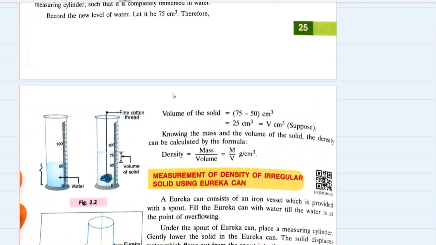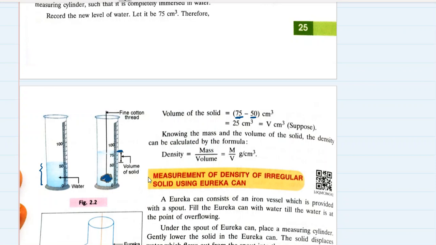Okay, so initially let's say the water's level was 50 centimeter and finally the level of water is 75 centimeter. So what is the difference in level of water? Definitely, if you submerge anything in liquid inside measuring cylinder, the level of the liquid will rise, and the difference which you will observe in the level of the liquid is the volume of the solid.